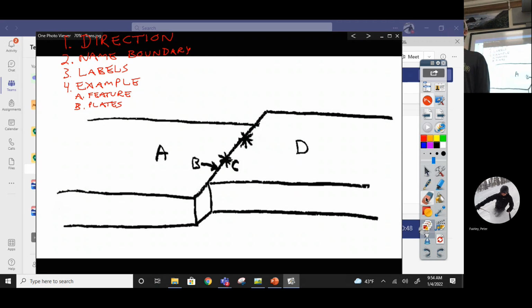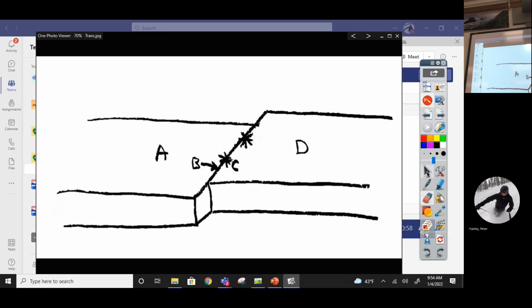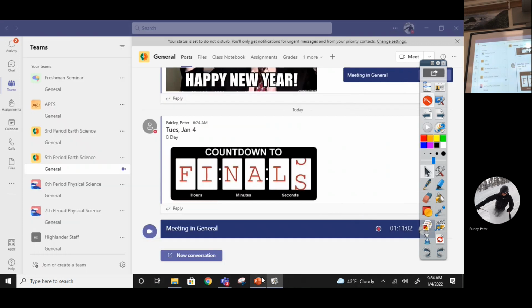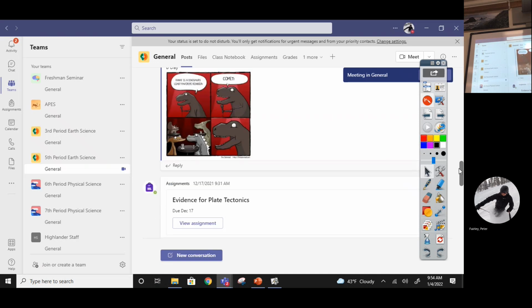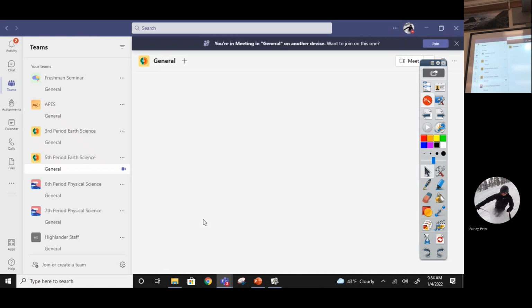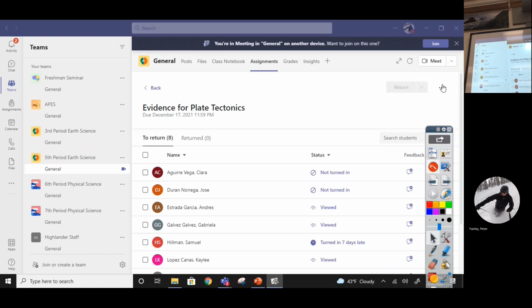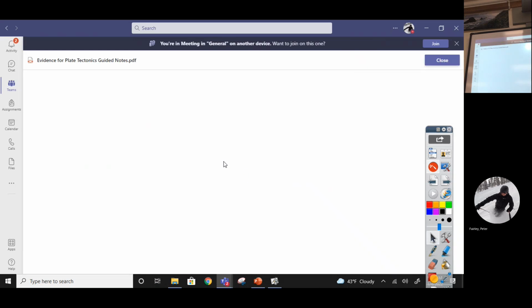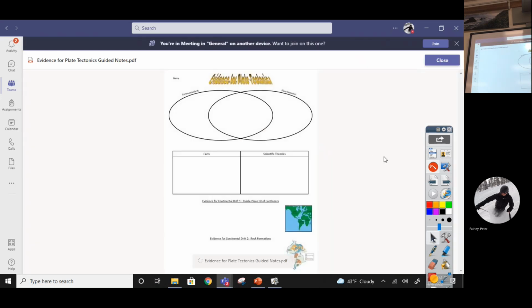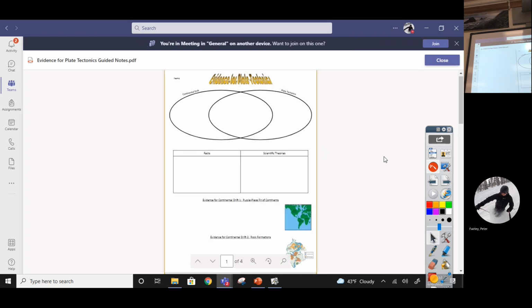So please erase your boards, put them away, and get out that evidence for plate tectonics assignment. Get this ready to go first?